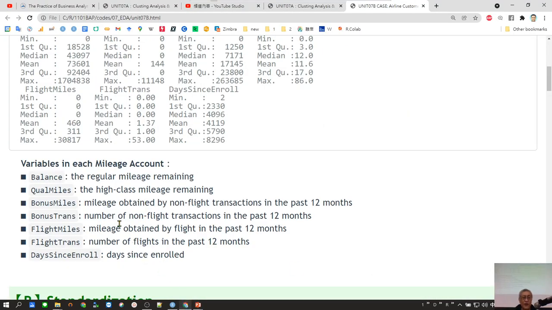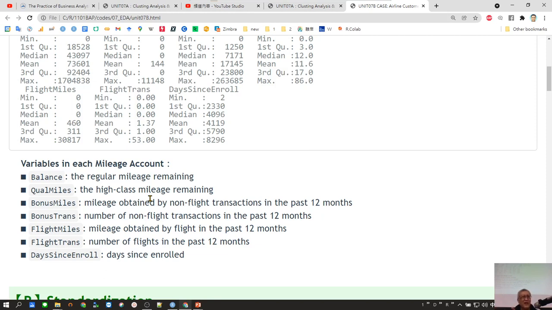So these are the columns that we have. Balance is the regular mileage remaining, and I don't know what high class mileage is, but they count two types of mileage: regular mileage and high class mileage.